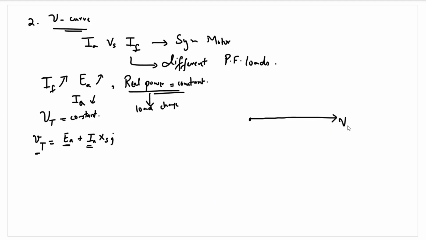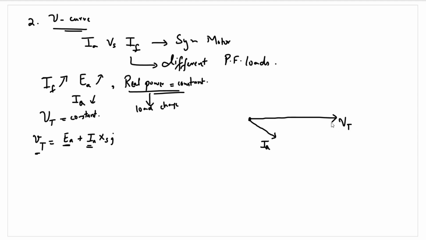This is the terminal voltage Vt. It will remain constant. Initially assume a lagging power factor. That means Ia is in this direction.